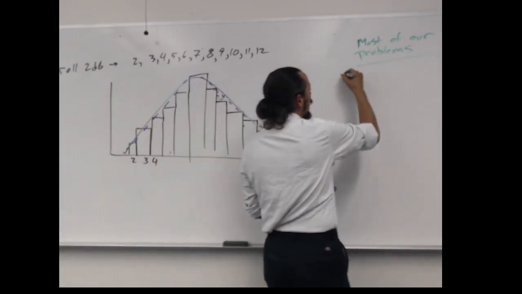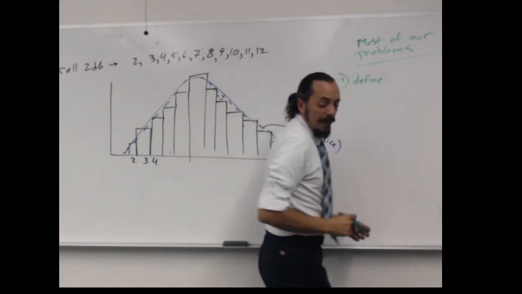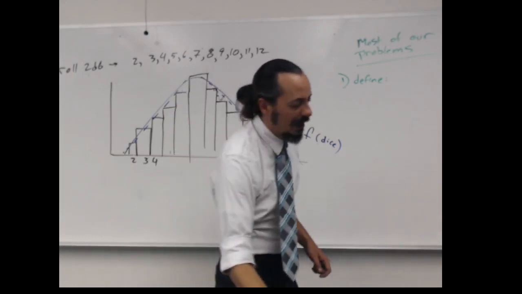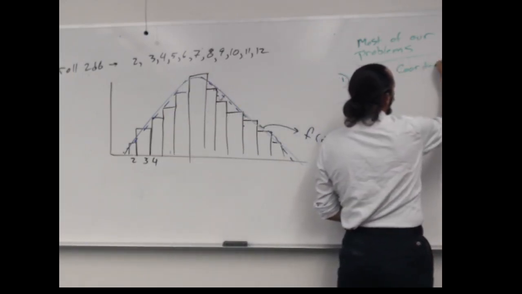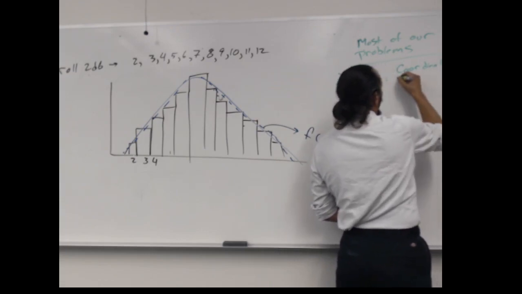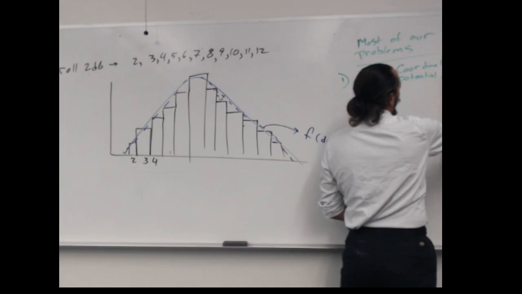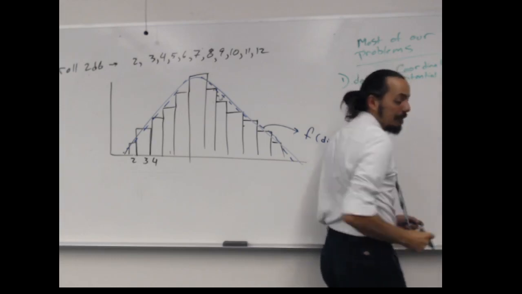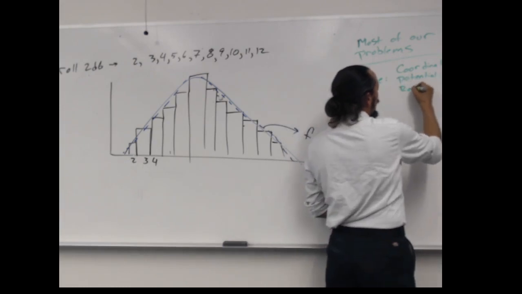The first thing that we're going to do is define the problem. This is going to be a combination of the coordinates we want to use, the potential energy associated with this system, and any restrictions we might apply.